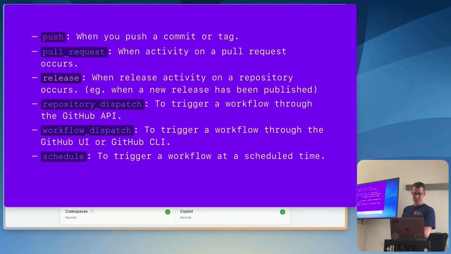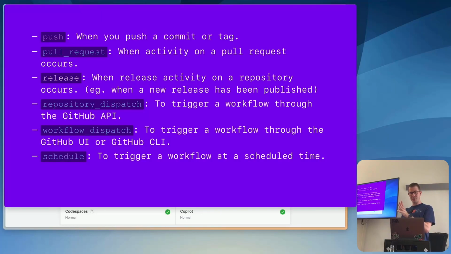There is push, as I mentioned, pull request when something on a pull request happens, release when you release a new release, repository dispatch to trigger a workflow through the GitHub API, workflow dispatch to trigger a workflow through the GitHub UI on the web or the CLI, and schedule to schedule a workflow in the future.